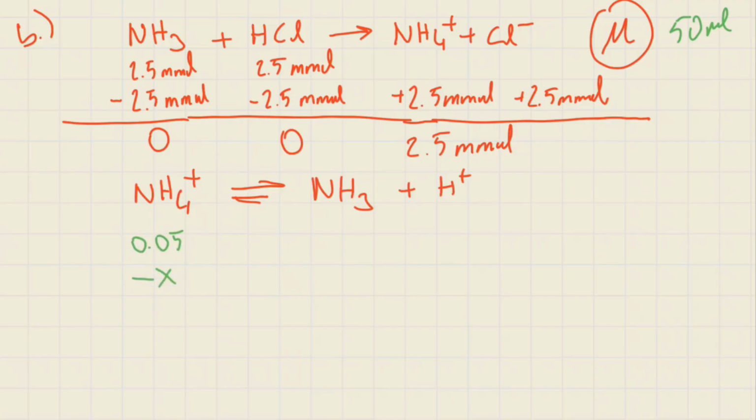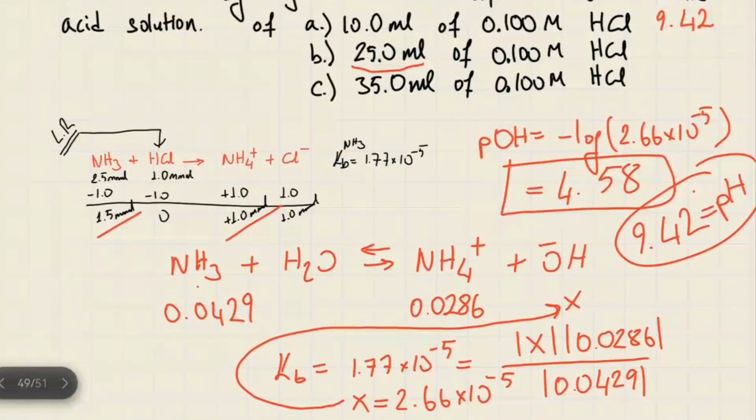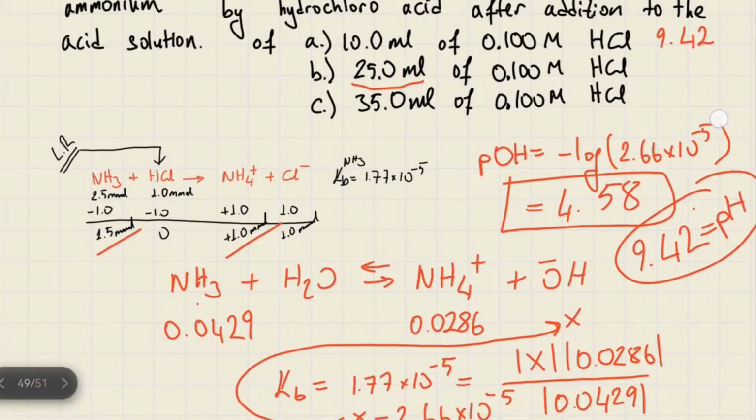So it ionizes, minus X. We can create ammonia and another X, but we need to calculate the Ka. So what is Ka? Ka will be equal to Kw over Kb. I gave you the Kb value, which was, what was the Kb?